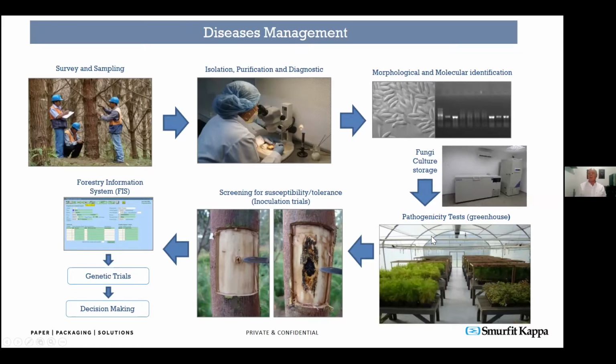Then we are doing pathogenicity tests in greenhouse to select the more aggressive isolate of the different fungi, and screening in fields to understand susceptibility and tolerance of the different species to the disease. That information plus the forest information system information plus the genetic trials, we take the suitable decision to understand what is the best plant material for planting.